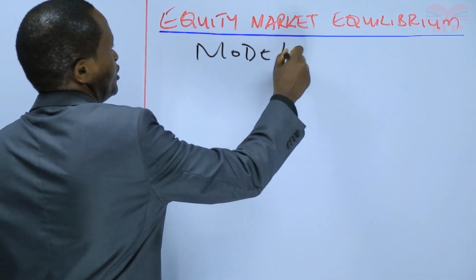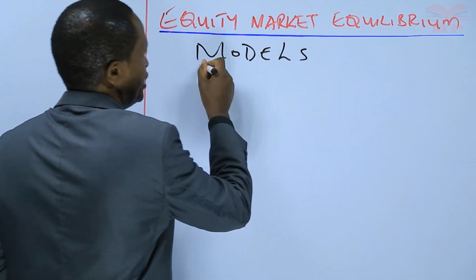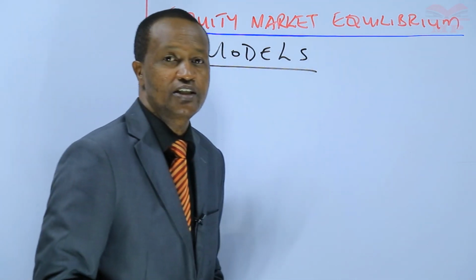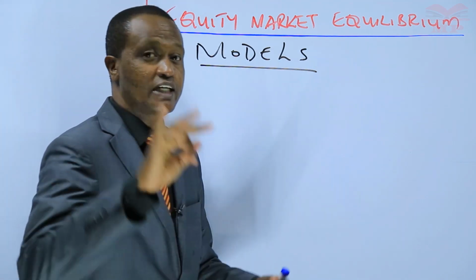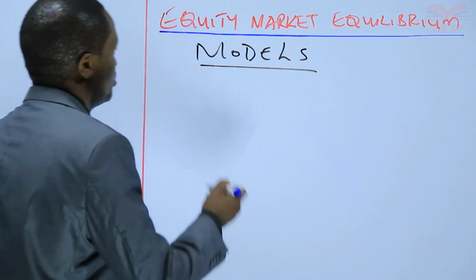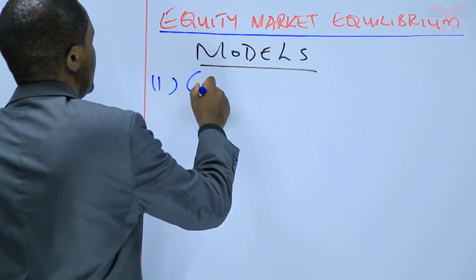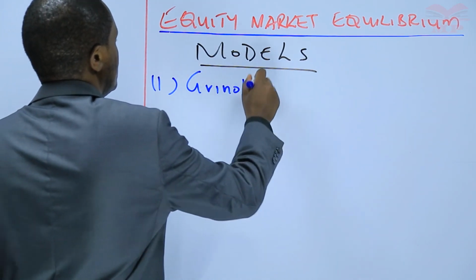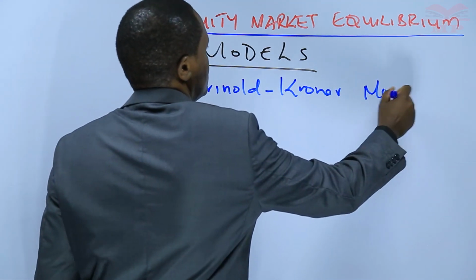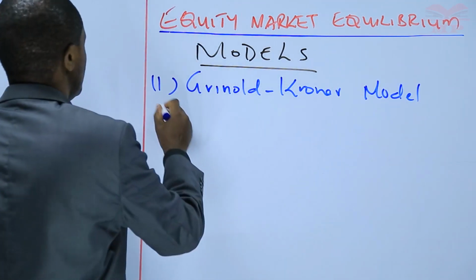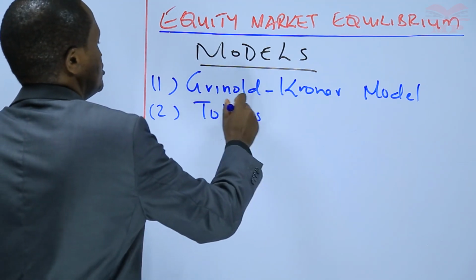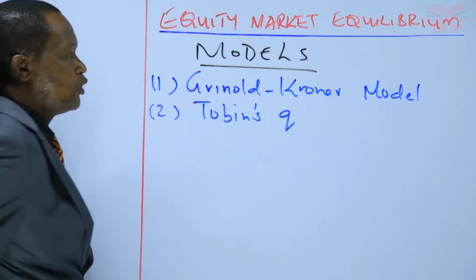Equity market equilibrium models. The equity investment analysis syllabus allows us to discuss only 3 models, and these models are: number 1, Greenwald-Kroner model. Number 2 is the Tobin-Q model.